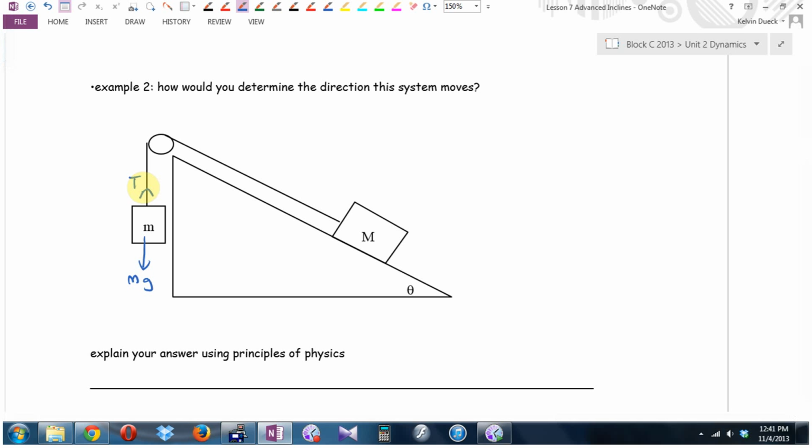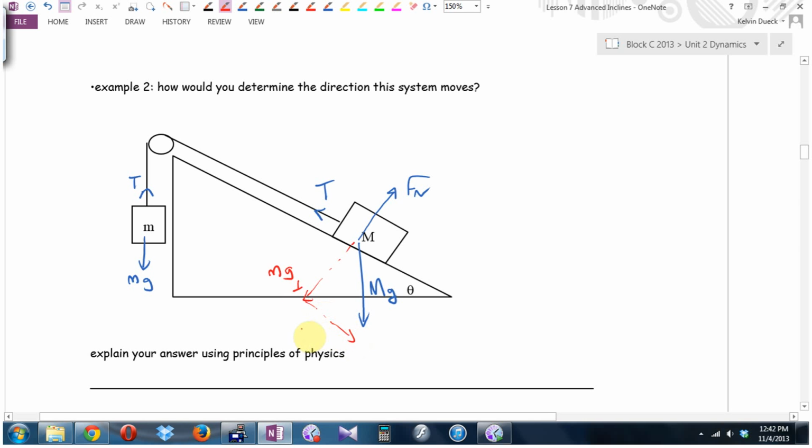Get the obvious one. Big mg. Normal force, tension, but I would break this up into perpendicular and parallel, and I should use a capital M here, shouldn't I?